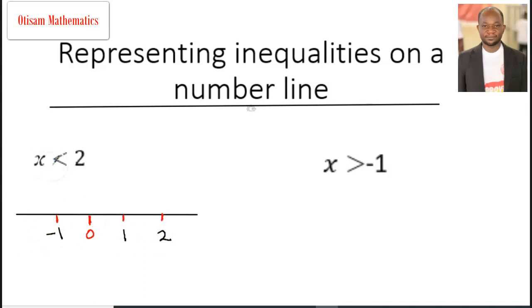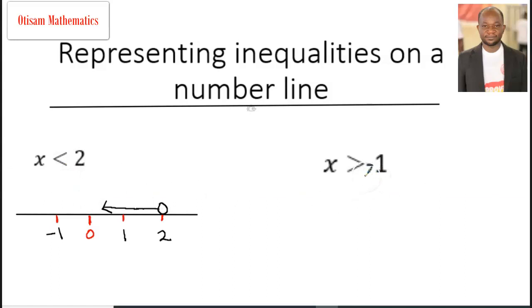If you want to represent this, this is 2, so you draw a circle there on 2. And we are saying that all these numbers are less than, so you point an arrow to the left hand side. So this is how you represent x is less than 2 on a number line.